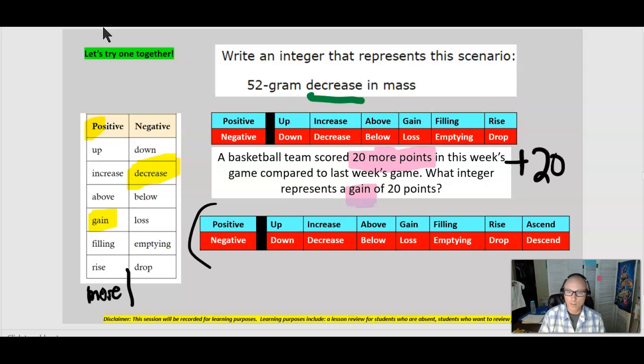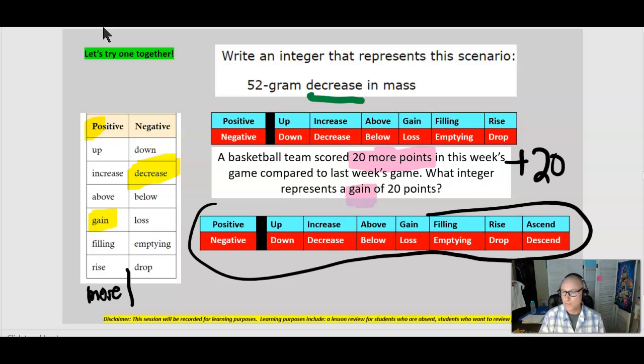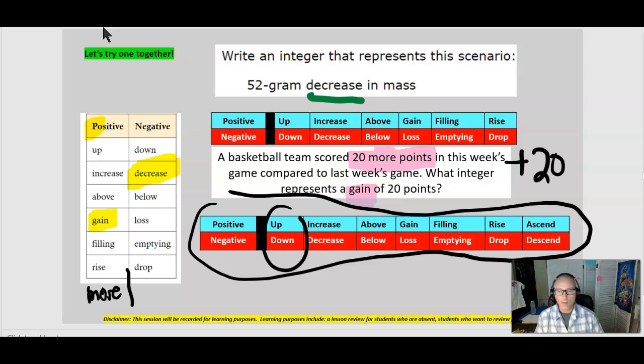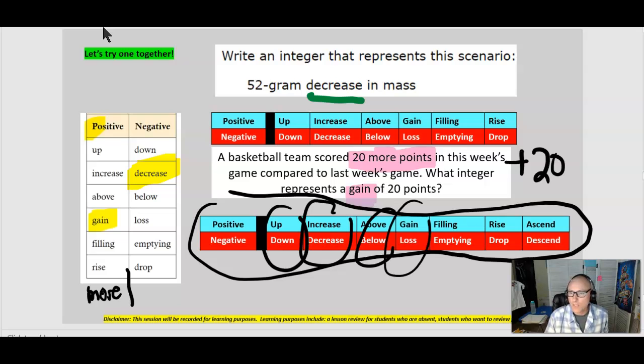Oh, look, I made this little cheat sheet too. So they kind of go together. Up, down, up, down, up, down. Increase, decrease, above sea level, below sea level. Gain, loss. Your gain is my loss. No, your loss is my gain.